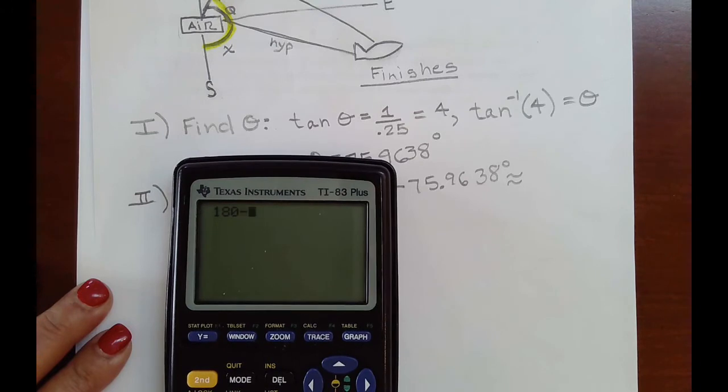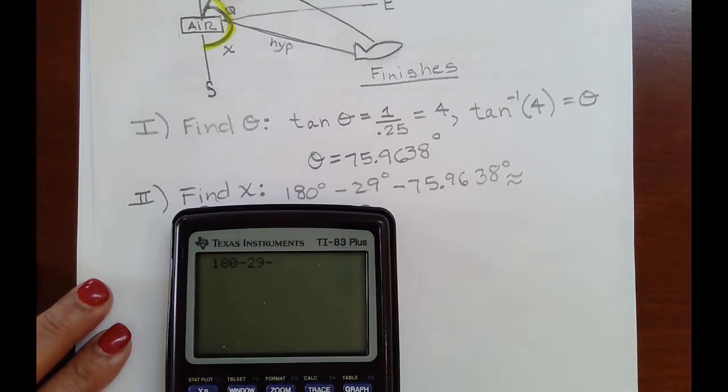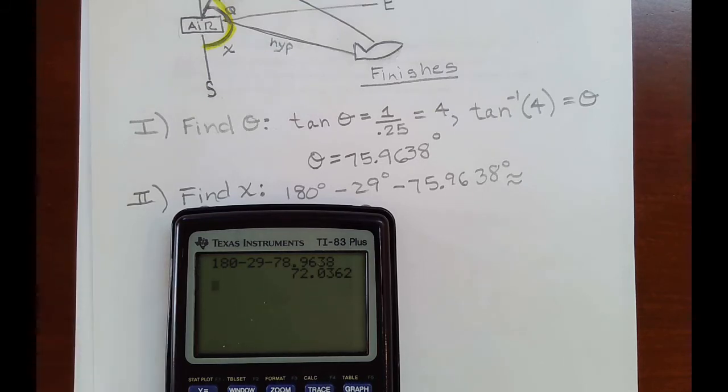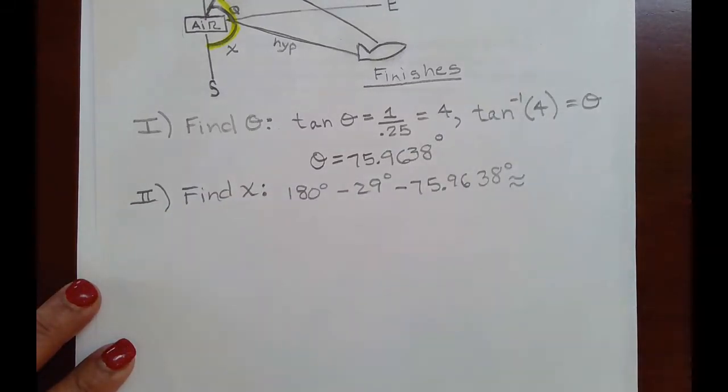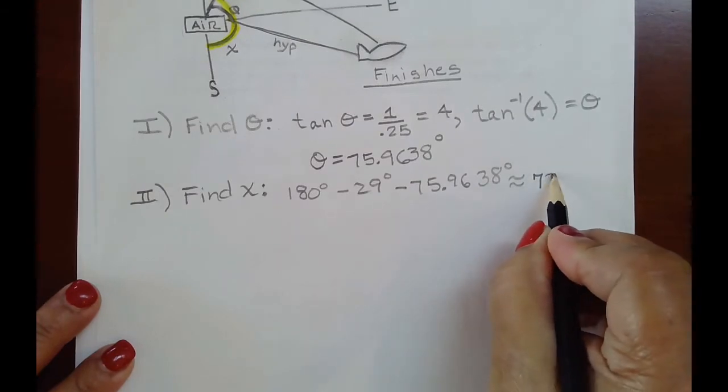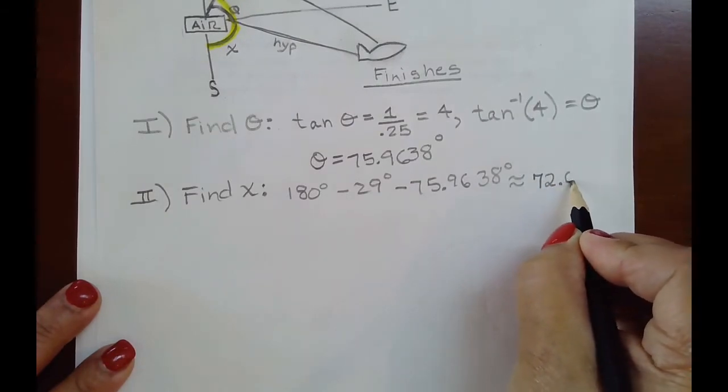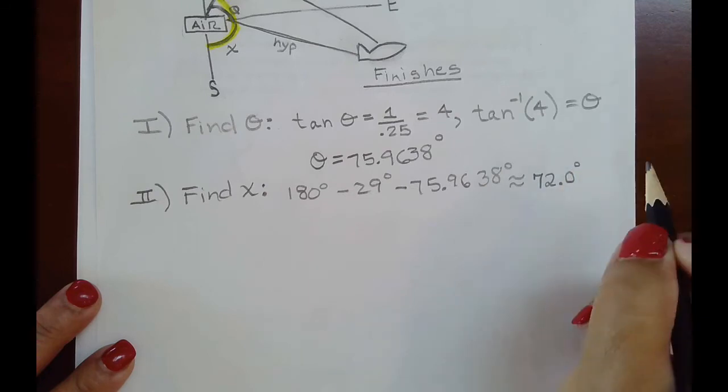180 minus the 29 minus the 75.9638, just to be more accurate, and I get 72.0 degrees. This is approximately 72.0 degrees.